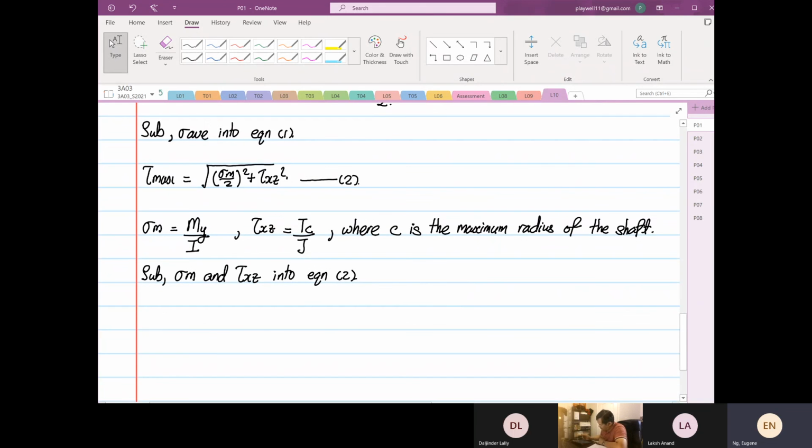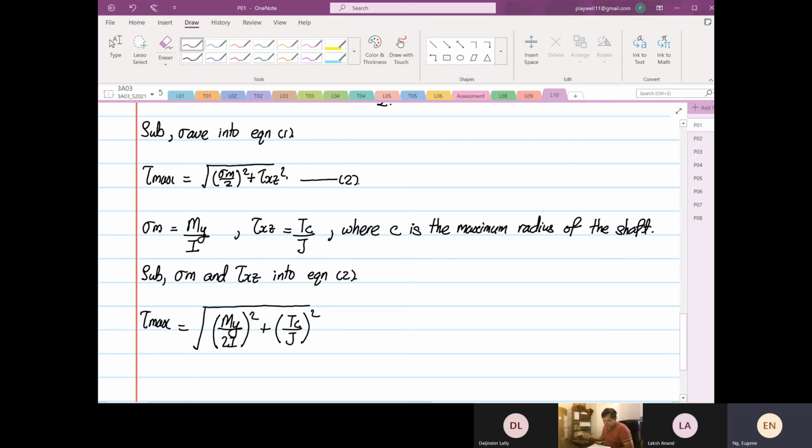When you assemble them, you have tau max equal to the square root of My over 2I squared plus Tc over J squared.